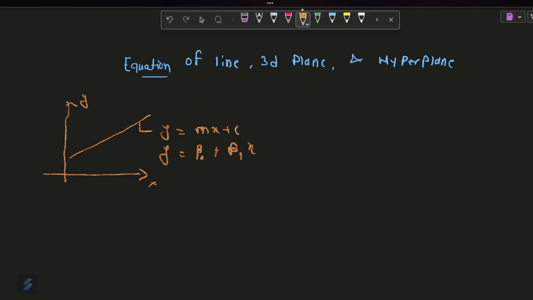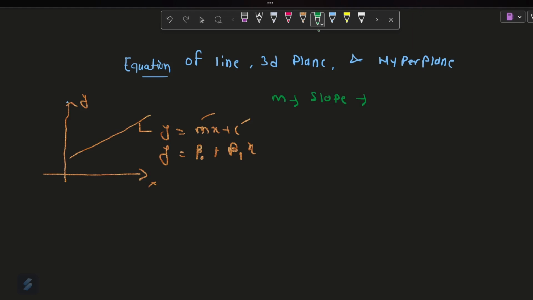So in that particular case, what is the m and what is the c? We will understand what m is and what c is. m we are considering is the slope. And what is the slope?